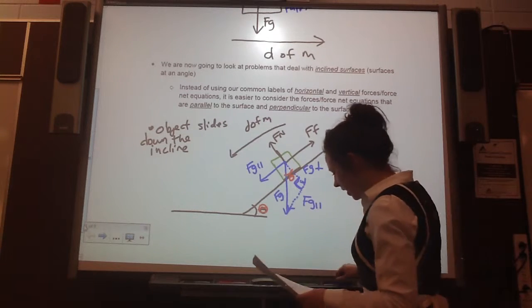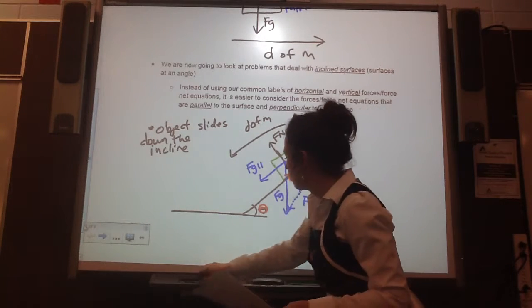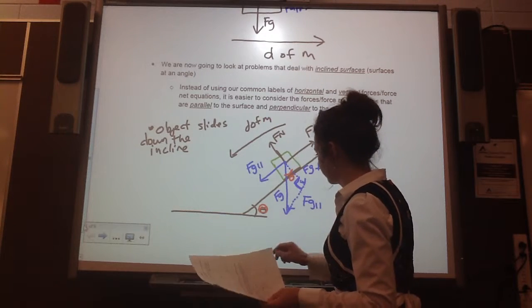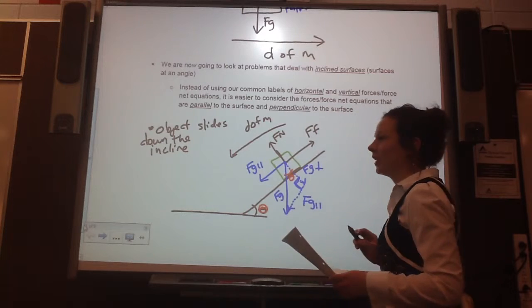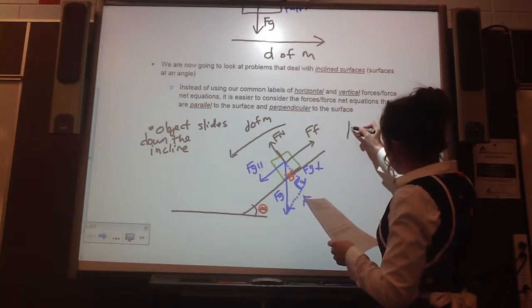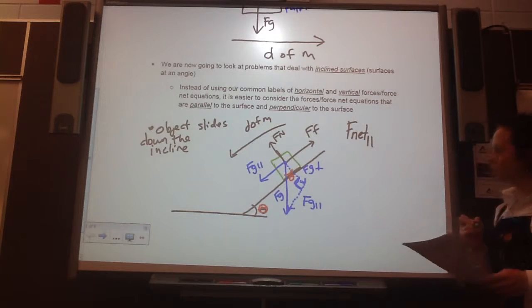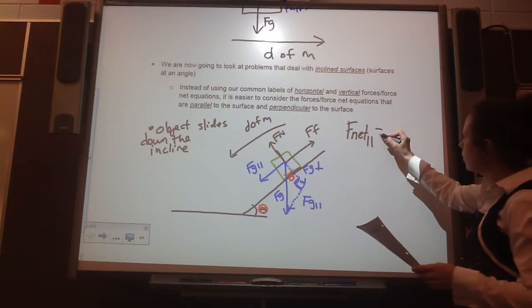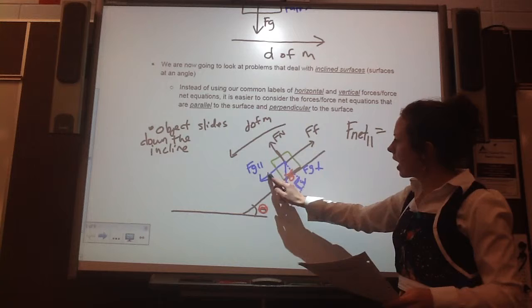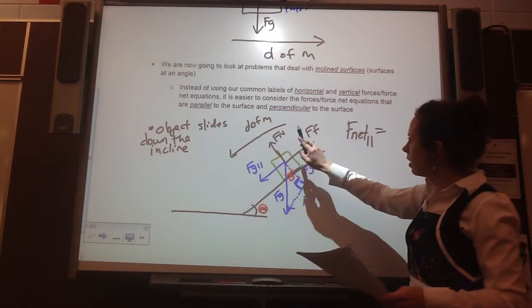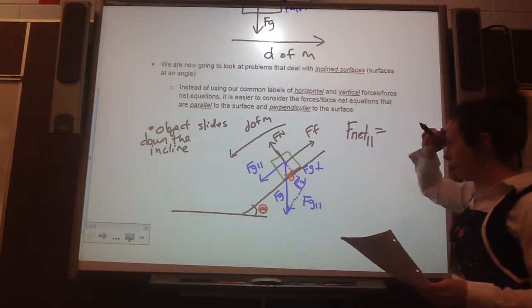Okay? So when we're doing our F-net equations, which color should I use? Okay. We have F-net parallel is equal to, so now I look at everything I have parallel. I have FG parallel and FF.